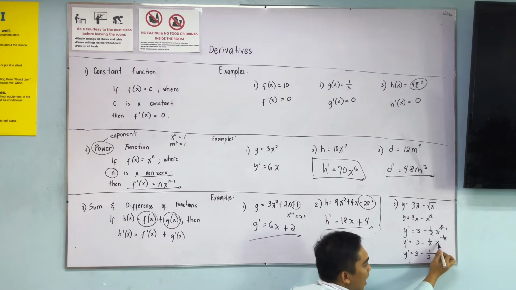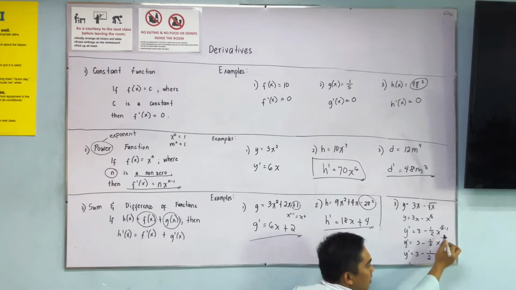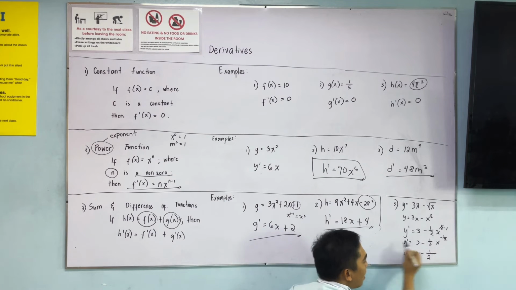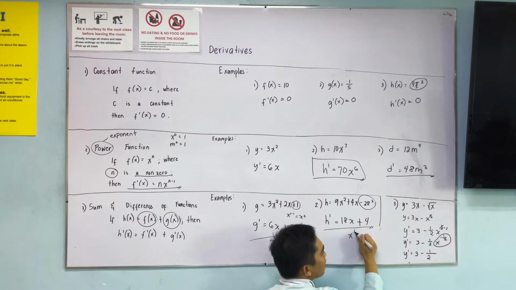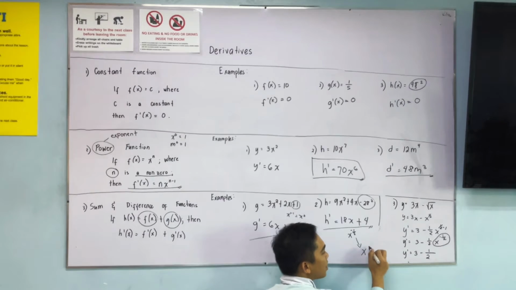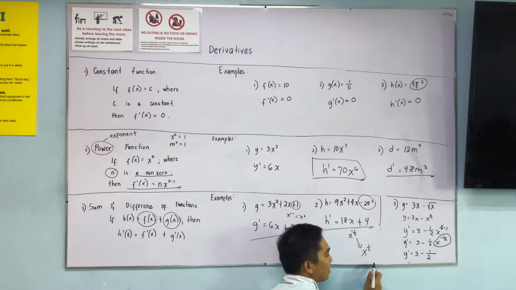Now, ang katumbas niya ay, elaborate natin yan. So, magiging x raised to 1 half, yun nga lang, negative. Kapag ilalagay na natin sa denominator, magiging x raised to positive 1 half na siya.